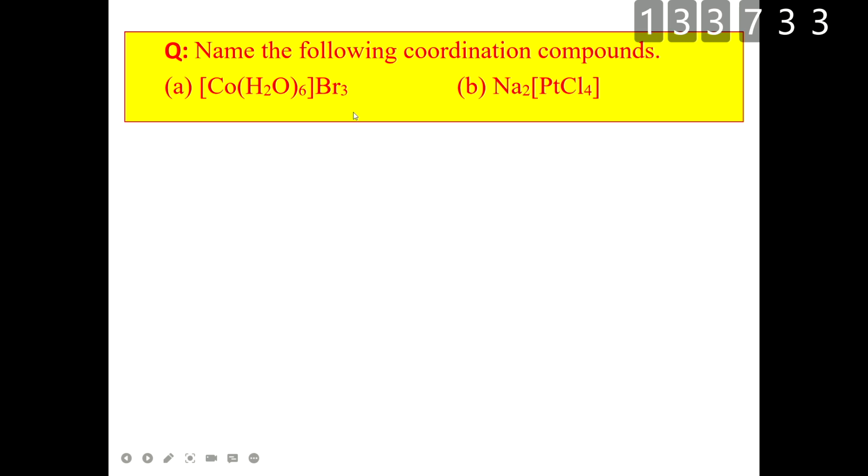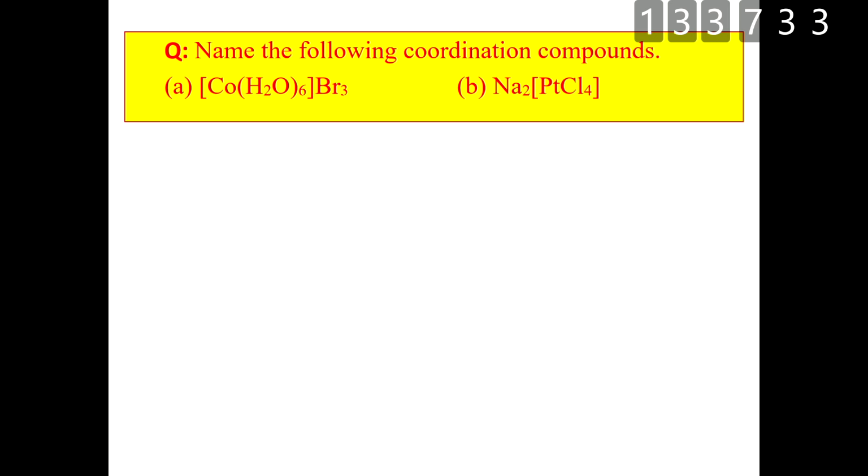Now question. How to name the following coordination compounds? Yeah, A, how to name it? You are the first one.